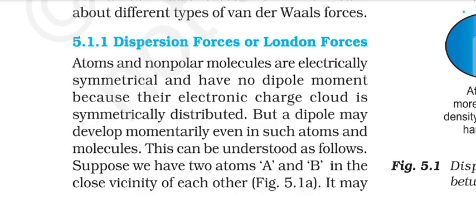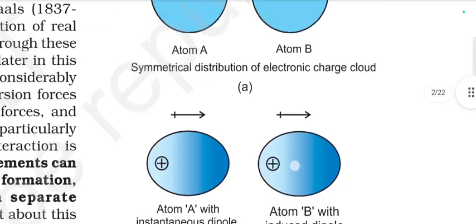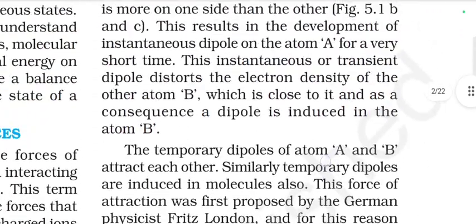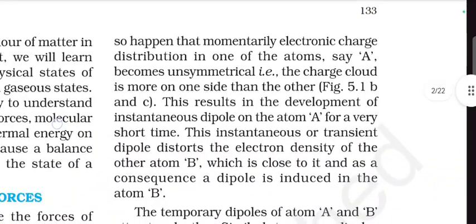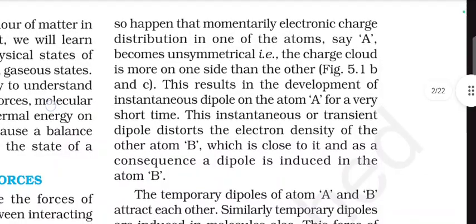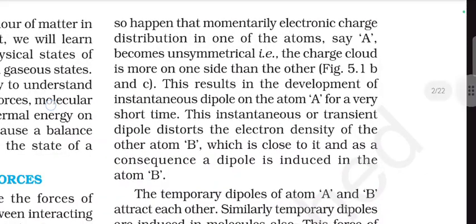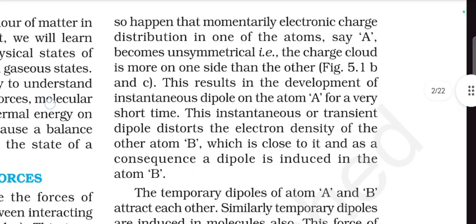Suppose we have two atoms A and B in the close vicinity of each other, figure 5.1a. It may so happen that momentarily electronic charge distribution in one of the atoms, say A, becomes unsymmetrical, that is, the charge cloud is more on one side than the other, figure 5.1b and c.